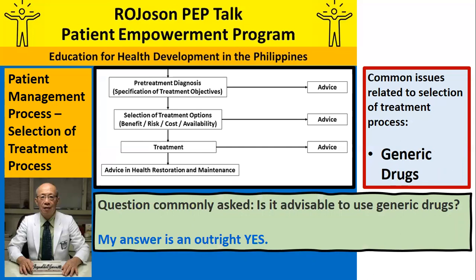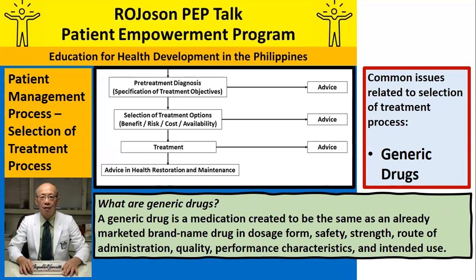The last issue is the generic drug. Commonly asked question: is it advisable to use generic drugs? My answer is an outright yes. It is advisable. What are generic drugs?